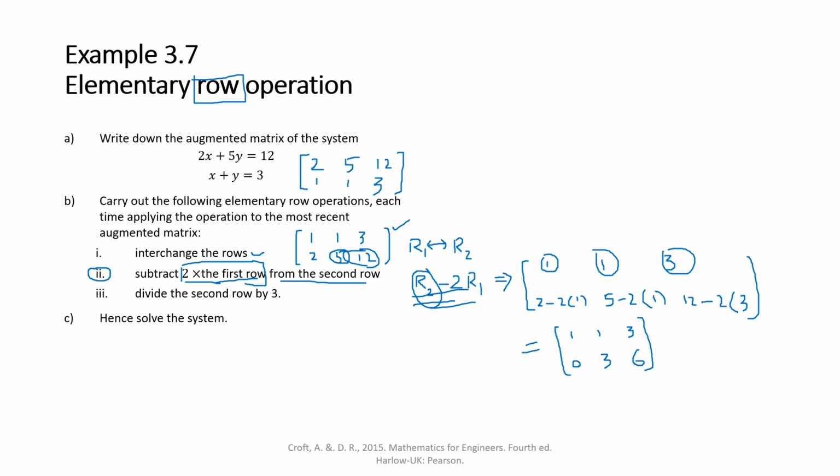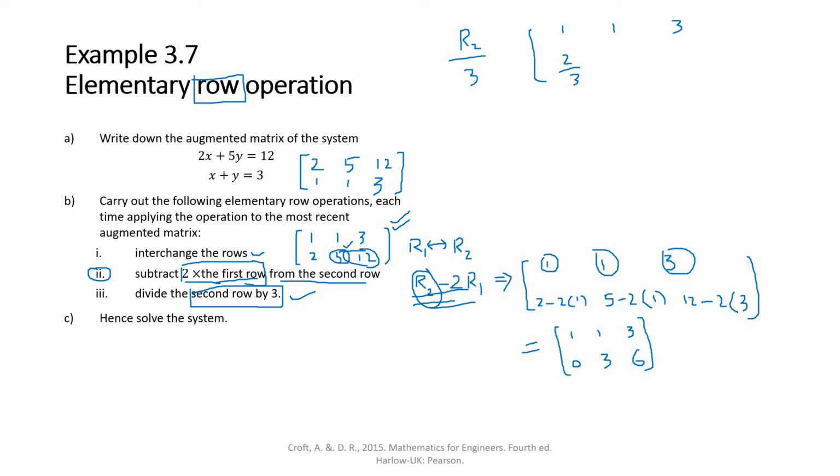Now they are asking us for division. So divide the second row by 3, again this matrix, second row, divide the second row by 3. Okay, so the first row is 1, 1, 3, and 2 divided by 3.